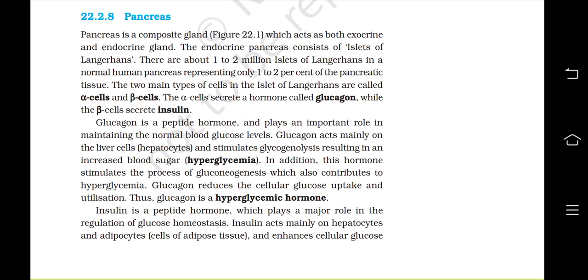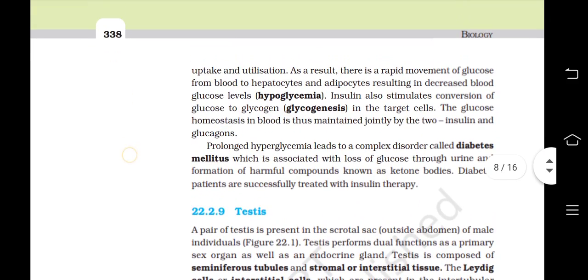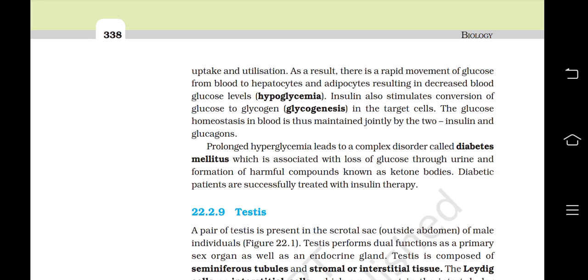Insulin is a peptide hormone which plays a major role in the regulation of glucose homeostasis. Insulin acts mainly on hepatocytes and adipocytes, cells of adipose tissue, and enhances cellular glucose uptake and utilization.